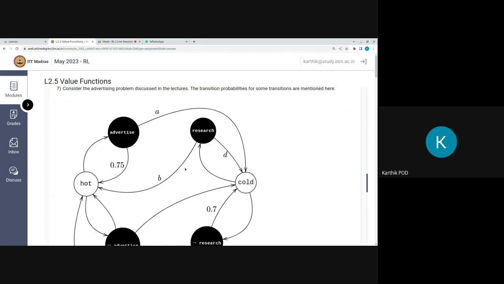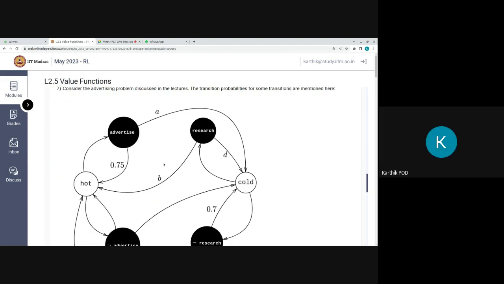So what do you think b and d could be? Can we determine b and d explicitly, or can we say something about b and d together? They will be 1.